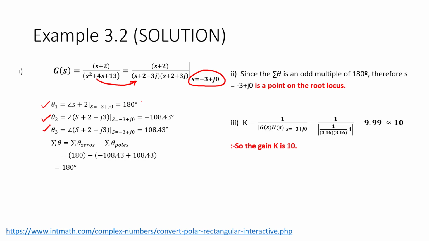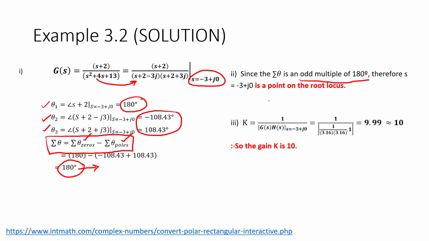We have here 180 degrees for the first zero, and then for the poles we get these angles. Then by using this equation, we sum all the zero angles and subtract the sum of the pole angles. The answer will be 180 degrees. We know that 180 degrees is an odd multiple of 180 degrees, so this point is on the root locus.